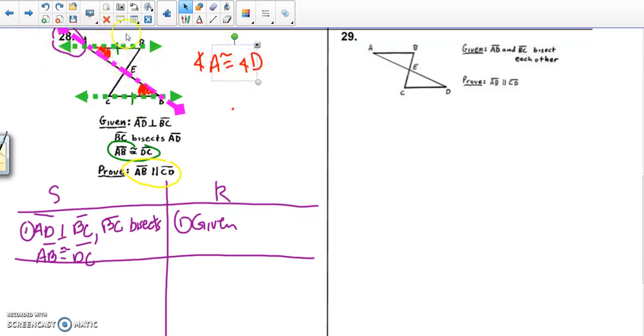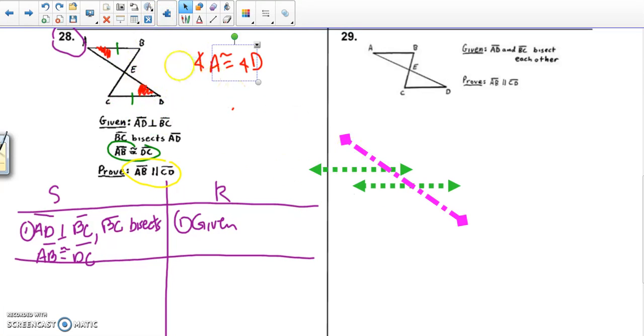In order to do that, we can work back one more step, and I'll get these lines out of the way. In order to prove that angle A and angle D are congruent, we can just go back to what we were doing literally this entire unit and proving that this triangle is congruent to that triangle.